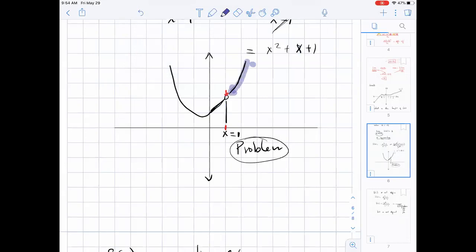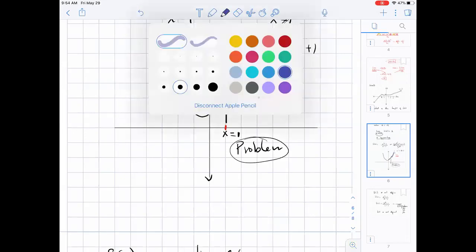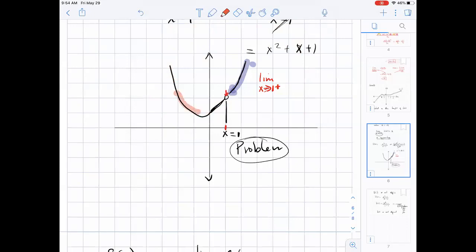Now, as you travel on the graph going towards 1, the way we write that, limit-wise, we say the limit as x approaches 1 from the right. You see that little plus sign that I put there? This means the limit as x approaches 1 from the right, because that's the positive side. On this side, when you travel this way, the way we would write that is the limit as x approaches 1 from the left.